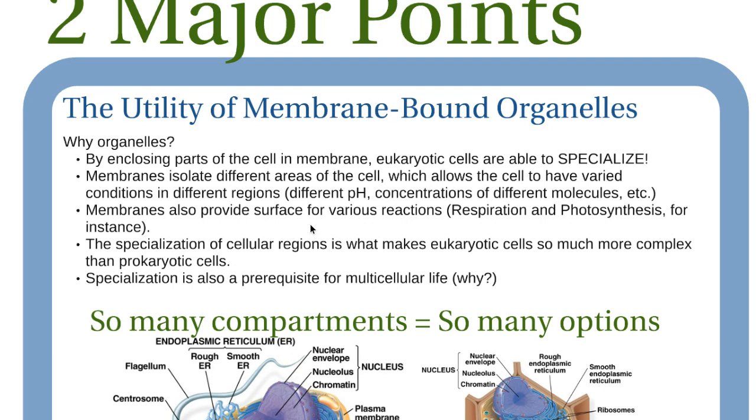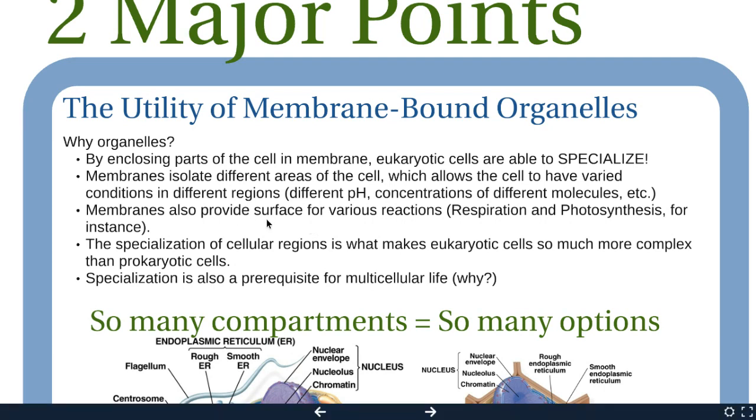If the conditions change, that protein may be denatured. That shape will change, because the pH will change it, the temperature will change it, etc. And it will no longer be able to function. So it has to stay at a very specific pH value. And so different organelles allow for these different pH values to exist.